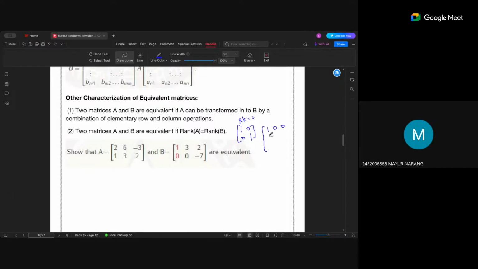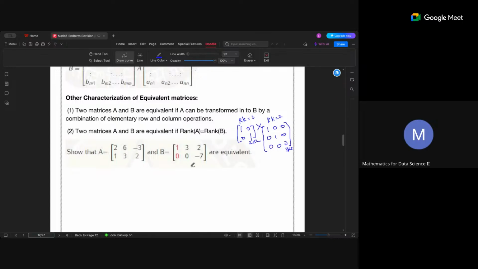Now look at this matrix. What is the rank? 2. But they are not equivalent. They are of different sizes. Different sizes, you do not compare them for equivalence at all. Even if the ranks are the same, it does not matter.